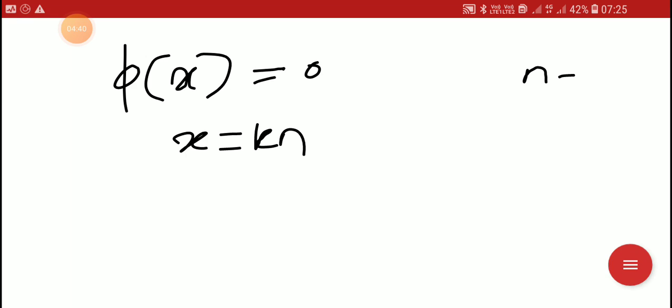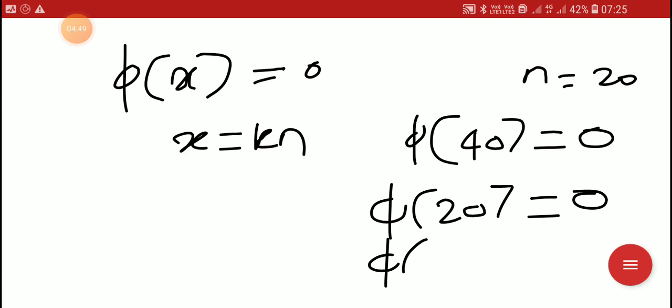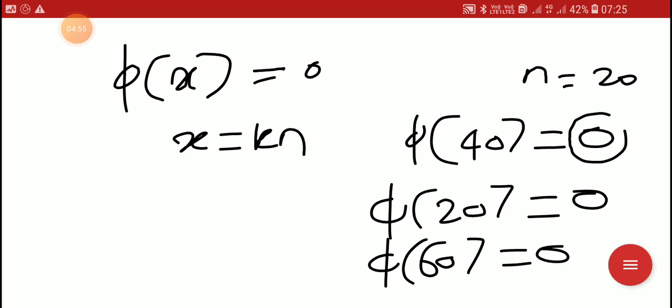Assume, for example, n equals 20. If x is 40, then the remainder is 0. 20, remainder is 0. 60, remainder is 0. The result is the remainder when x, here 40, is divided by n, here 20.